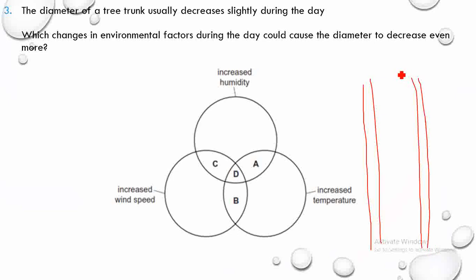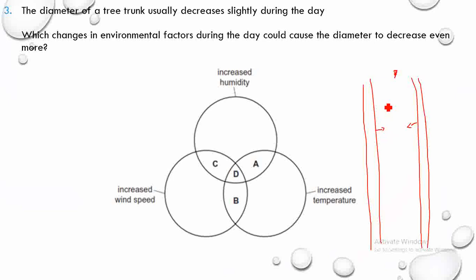So transpiration pull is acting here. This is the top of the xylem in the leaf. Once there's an increase in the rate of transpiration, it will cause the wall of the xylem here to reduce in size.